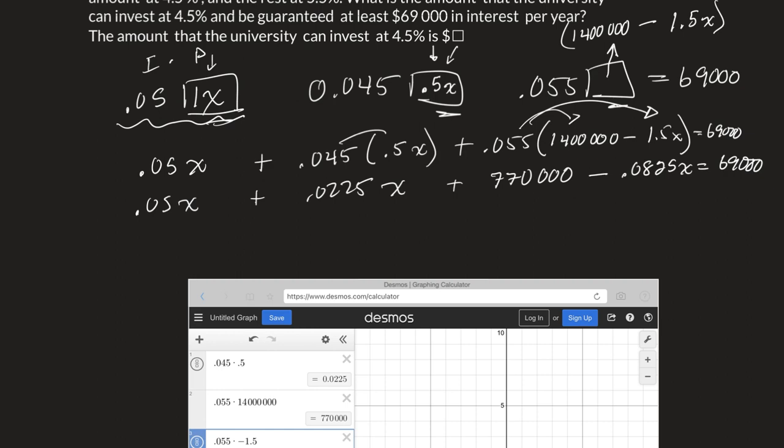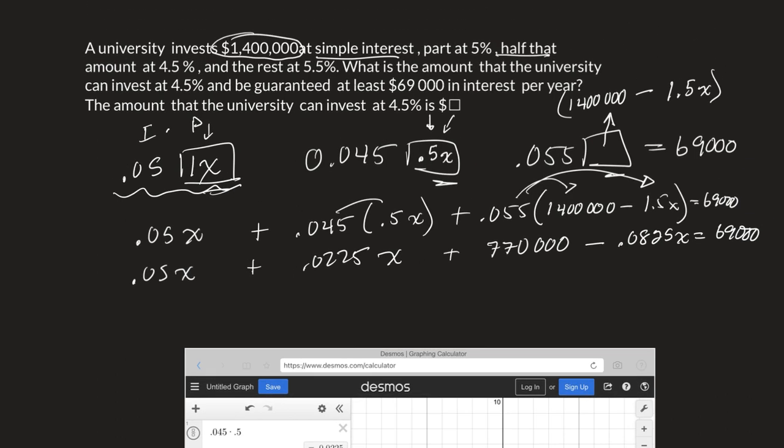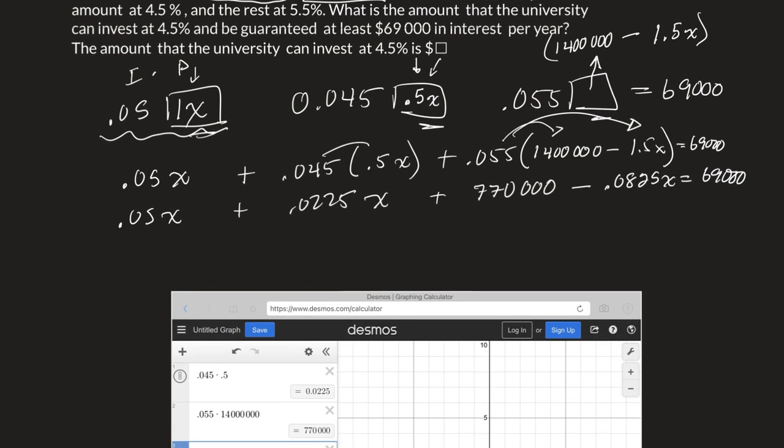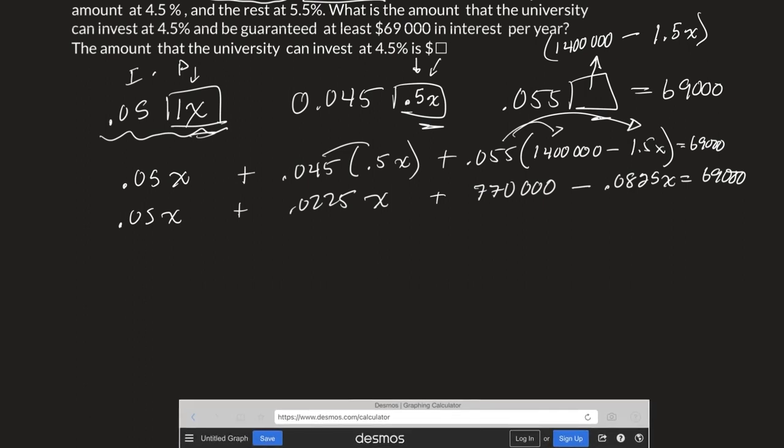All right, so let's gather our x's together. So 0.05x plus 0.0225x minus 0.0825x is going to be equal to 69,000 minus 770,000.